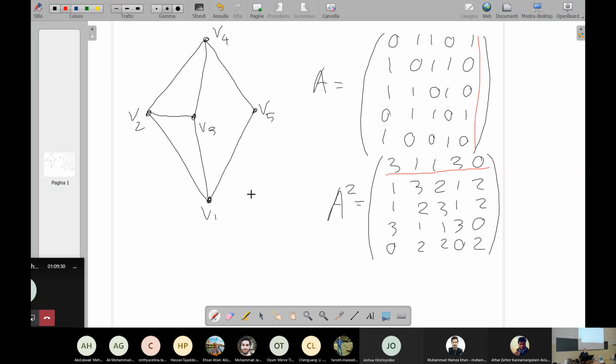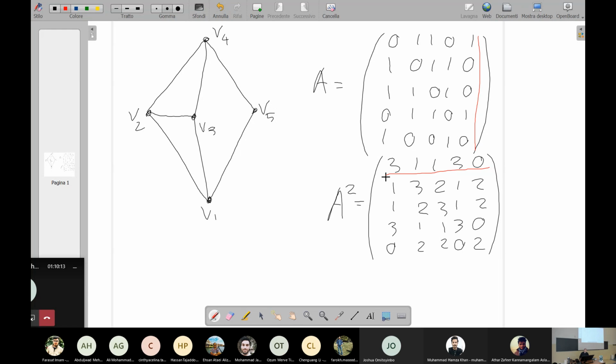Can you see them? They are simply these 2 walks. 1, 2 coming back from V1 to itself. 1, 2 coming back to V1 from V1 to itself through V3. 1, 2 coming back to V1 through V5. Okay, so I have 2 walks from V1 to V1, and there are 3 of them.